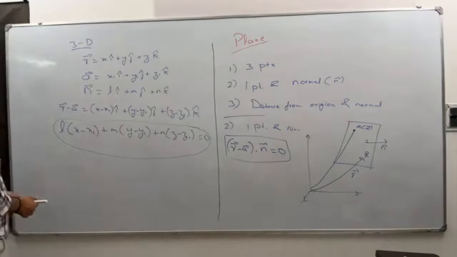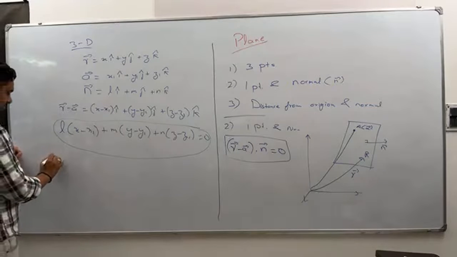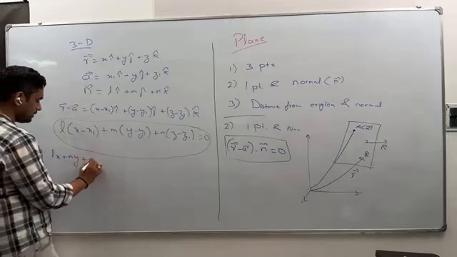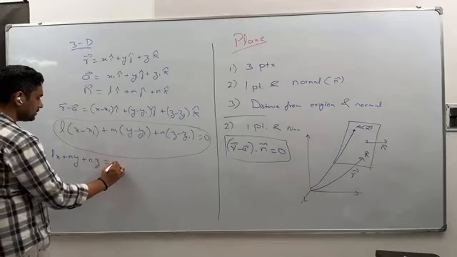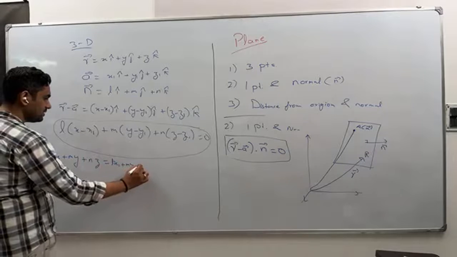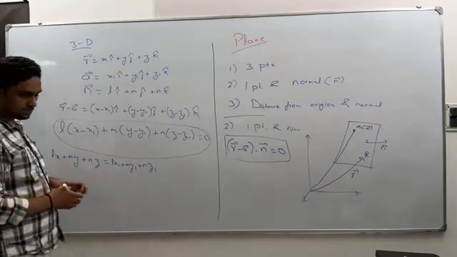We could have also rewritten it, if you take all the constants on one side, as lx plus my plus nz equal to lx1 plus my1 plus nz1. This is what we will get.